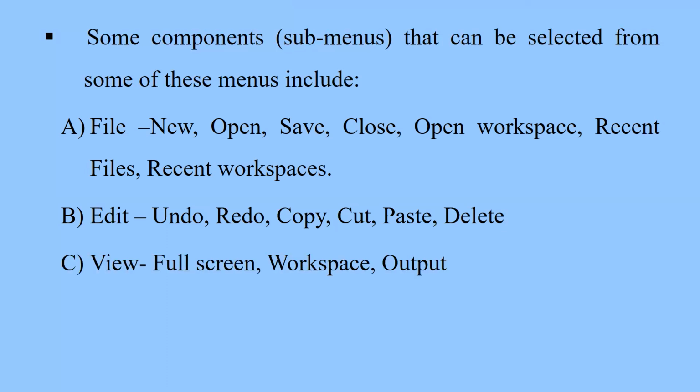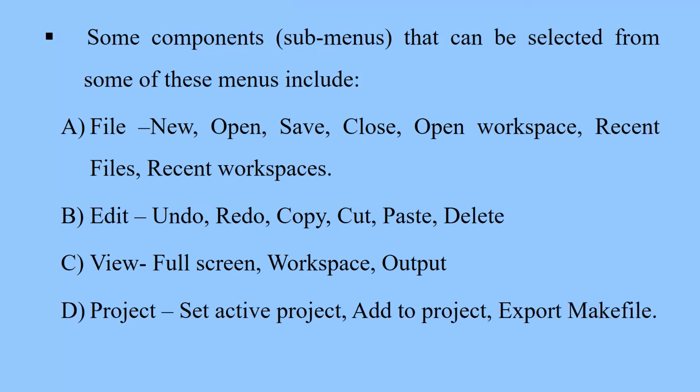Under View, we have full screen, workspace, and output. Under Project, we have set active project, export, and make file. I'll be explaining the use of these menus and submenus in this series of tutorials.